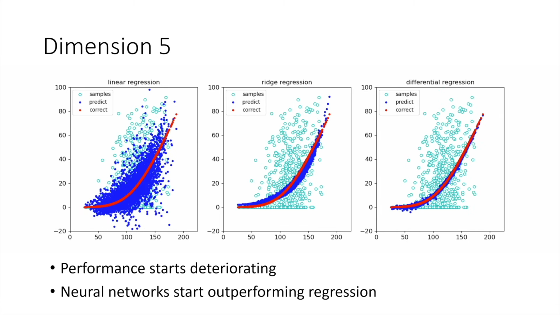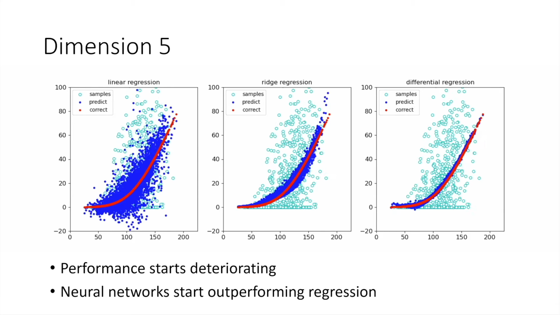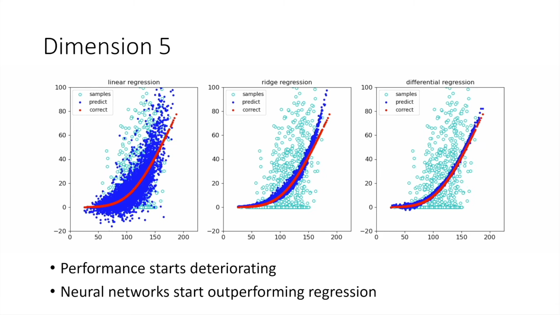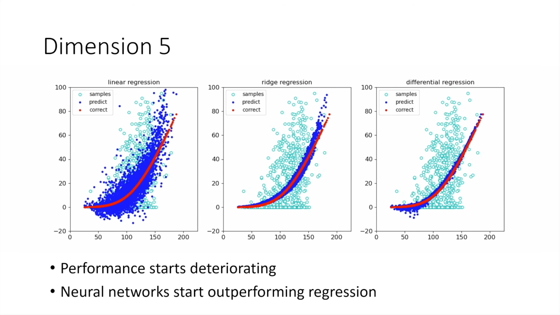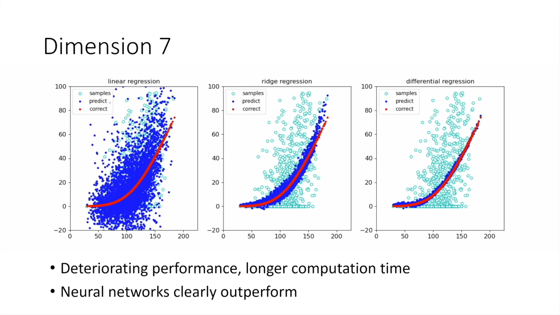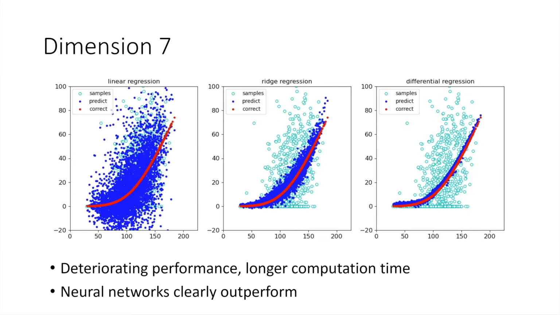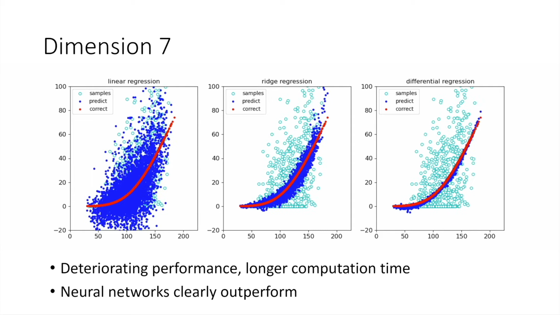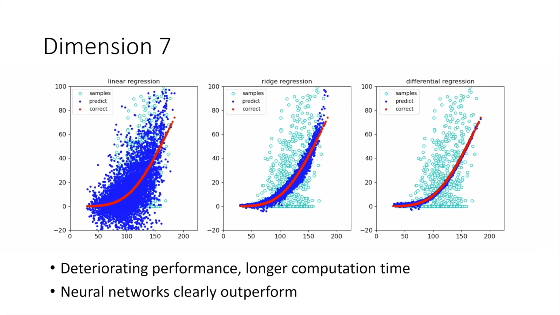This is also where neural networks start outperforming linear regression. In dimension 7, performance further deteriorates in addition to a much higher computation cost. This is where neural networks clearly outperform all forms of regression.